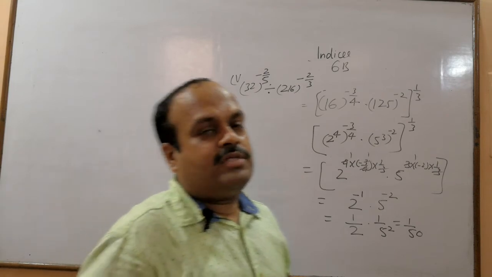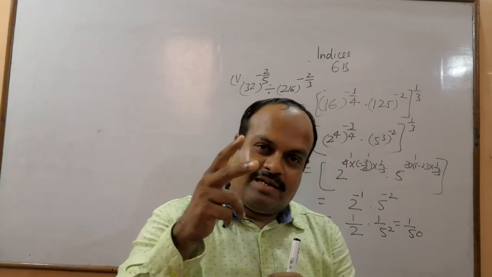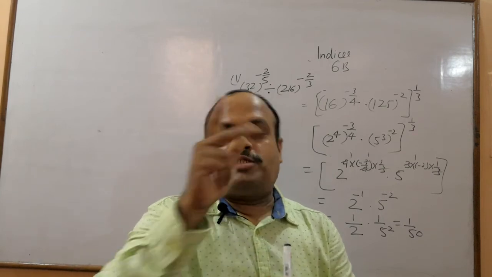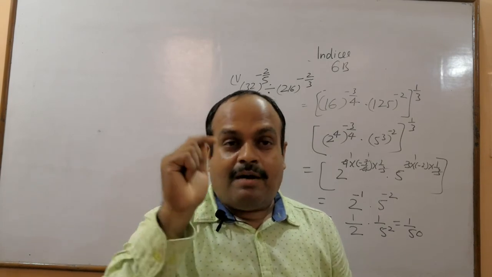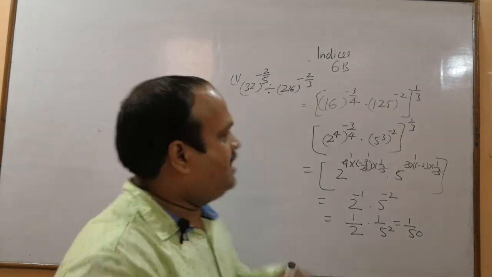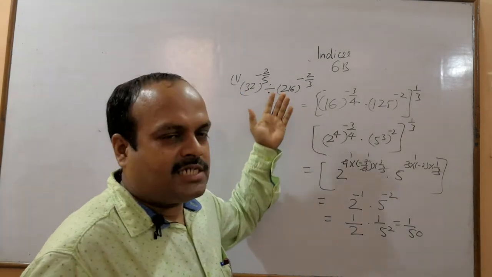So I hope you know that if there is division of two exponential numbers with the same base, then we can use the quotient law. But here we see that 32 is the base, 216 is the base.